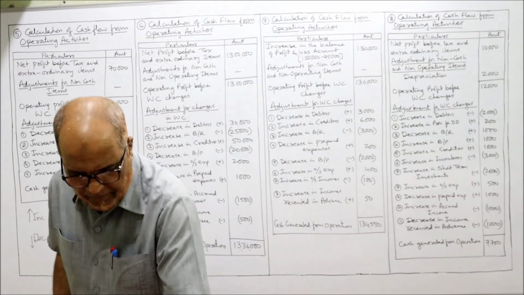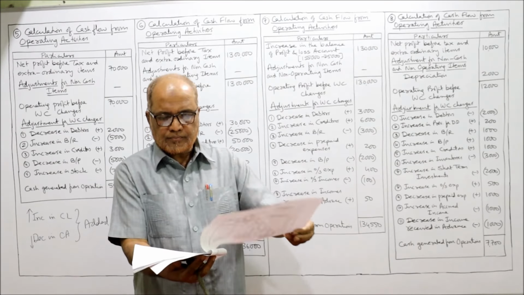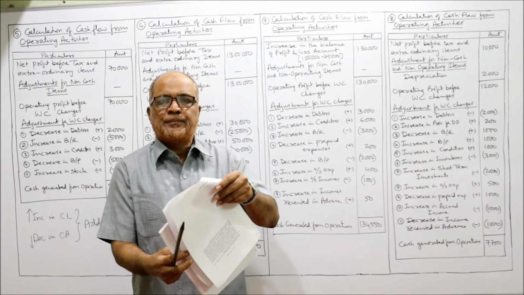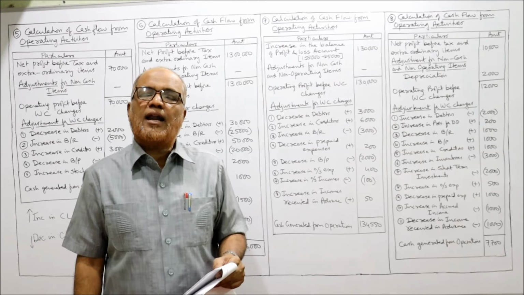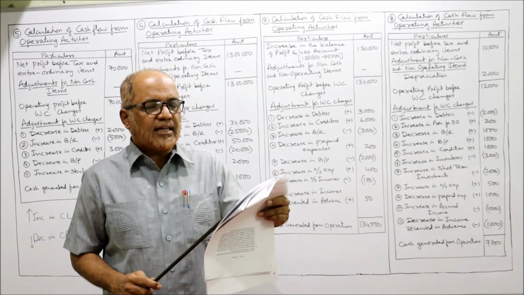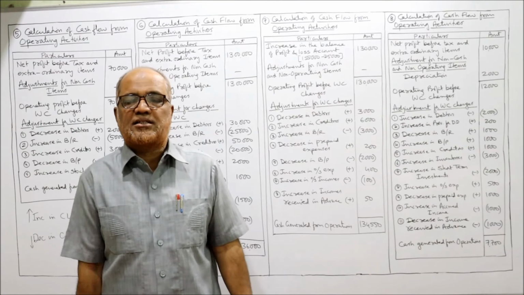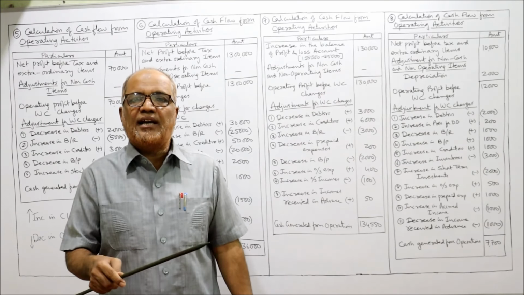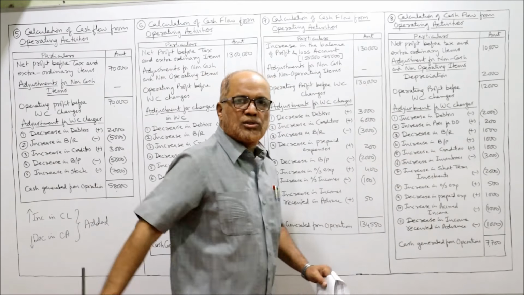Current assets, current liability. The current assets of the business for the year ended are as follows. So here we are given current assets and current liability. Sundry debtors, current asset. So last year 10,000, current year 12,000. Increase in current asset, deduct. Increase in debtors, deduct. So increase in debtors minus 2,000.